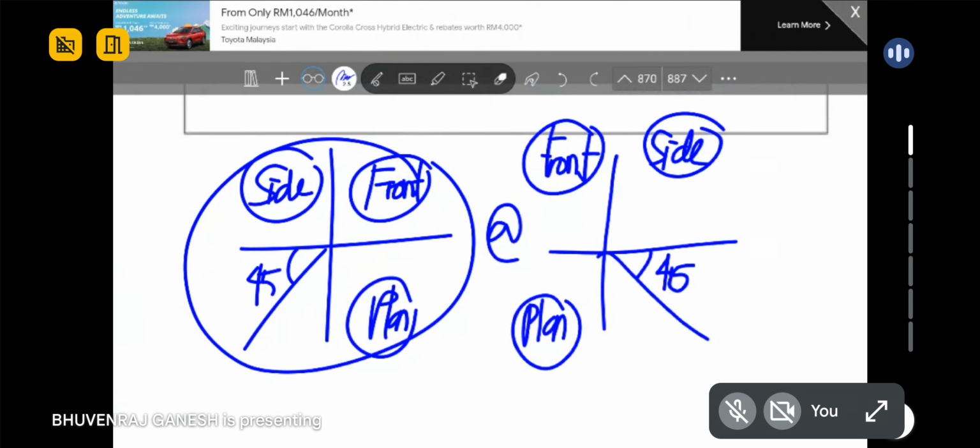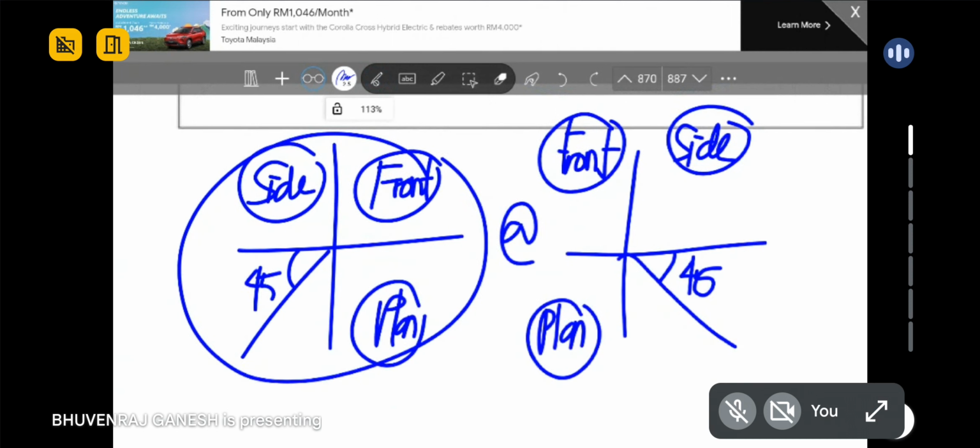If you want to take a picture, make sure you take it, so that you will remember the order. You cannot change the order. Tak boleh tukar urutan. Mesti macam ni. It is fixed. Tetap.